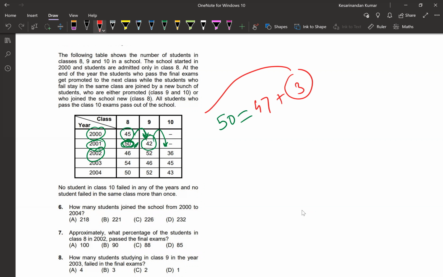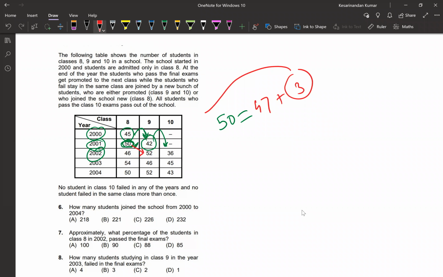Now from 50 to 52, the number increased, right? How come? From 40, 36 have passed in the next year. So approximately 6 are left behind.